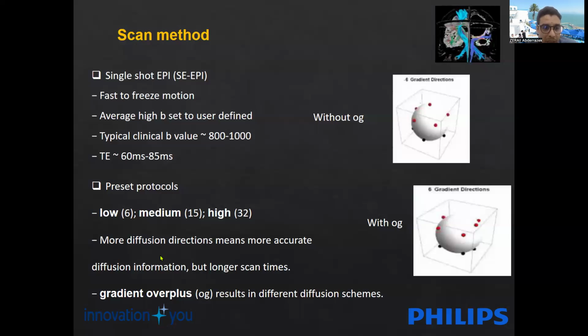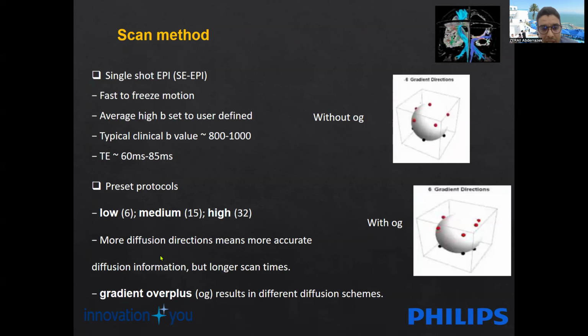For the preset protocols, as I said before, when you use low directionality, it is 6 directions, and for medium, it is 15 directions. For high diffusion tensor imaging, we use 32 directions with DTI. But if we go to high angular resolution diffusion imaging, the HARDI model, we can go to 128 directions.